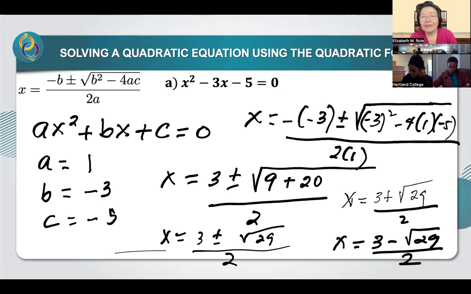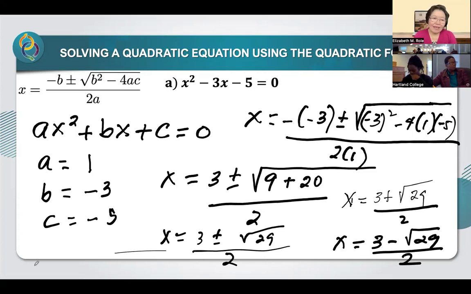So it's plus or minus. If you are able to extract the root of 29, then you can do the simplifying. You add 3 plus that square root divided by your 2a, and then you subtract. So that's at least an illustration on how to use the quadratic formula.